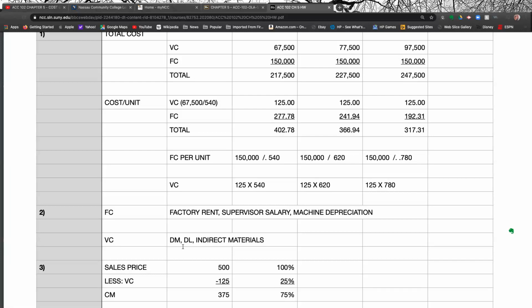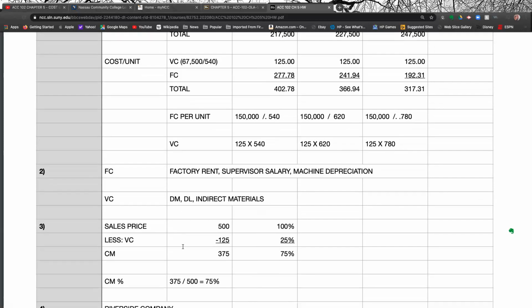And then part 3, suppose they sell canoes for $500 a piece. What's the contribution margin per canoe? Well, if they sell a canoe for $500 and the variable cost is $125, right, that we calculated up here, 500 minus 125 is $375.